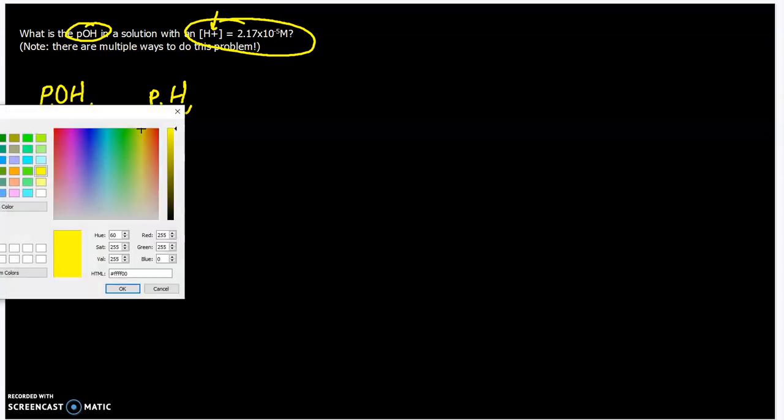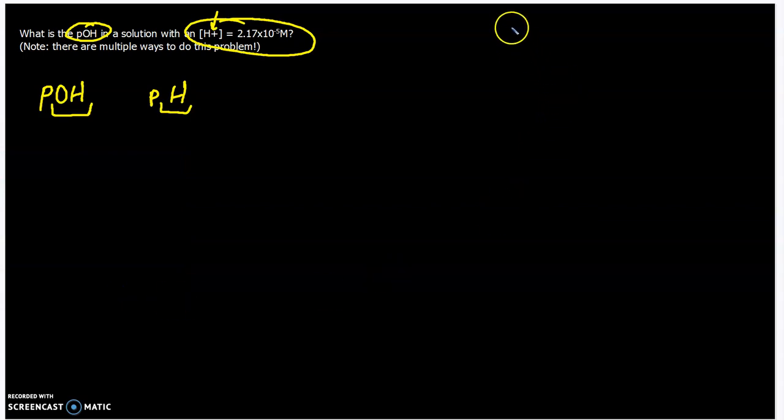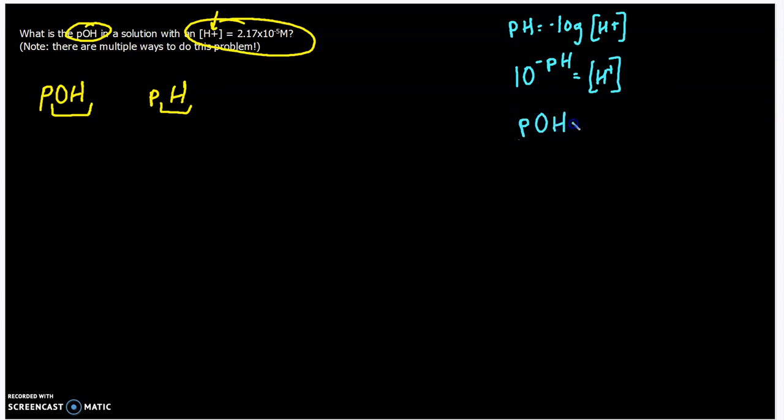So let's recap all of the formulas that we have learned so far. We know pH is equal to the negative log of H plus. We know 10 to the power of a negative pH will give us H plus. We know pOH is equal to the negative log of OH.